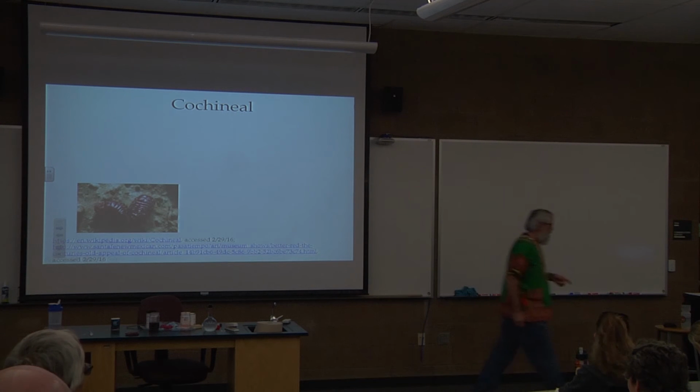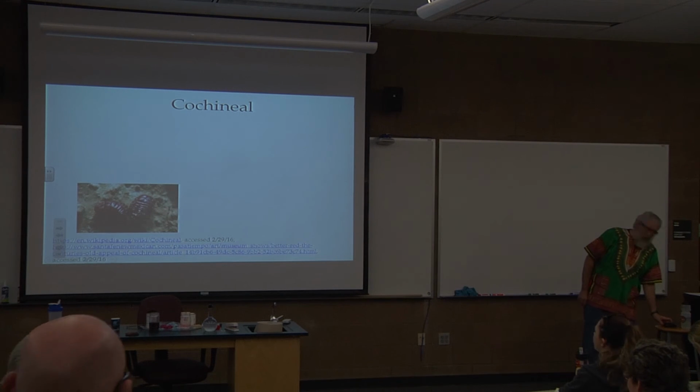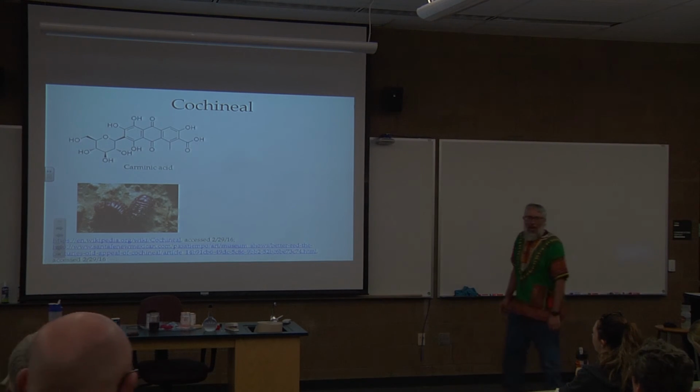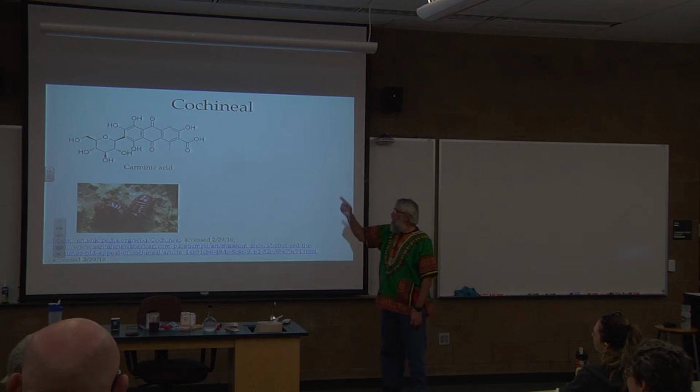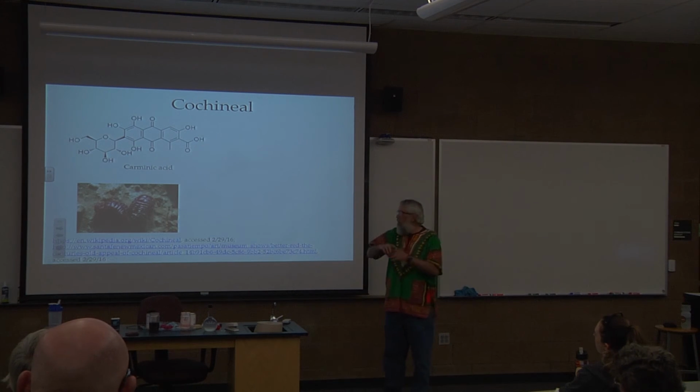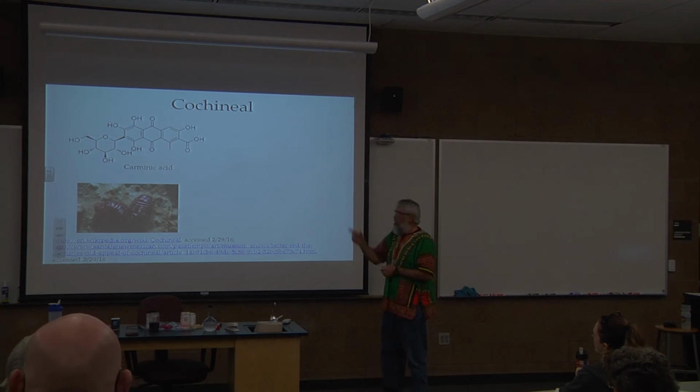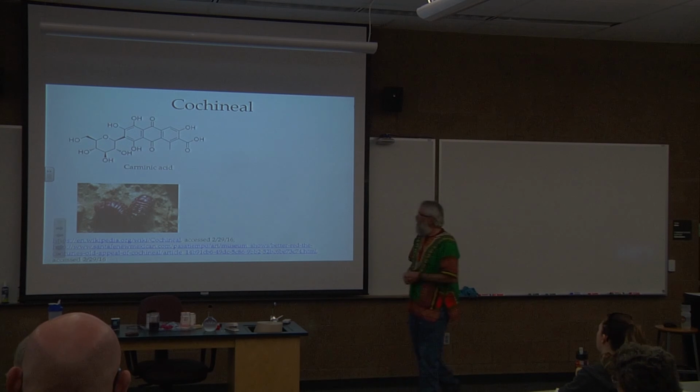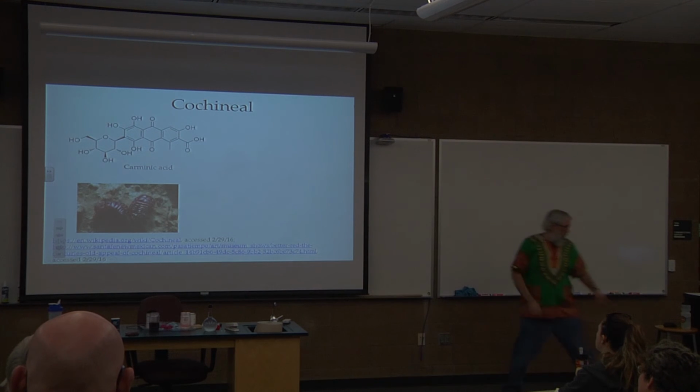So this insect, when it's harvested, gives carminic acid, which is, at least initially, a much more complex structure. But if you look at it, it's just a derivative of anthraquinone once again. Nice red color though.